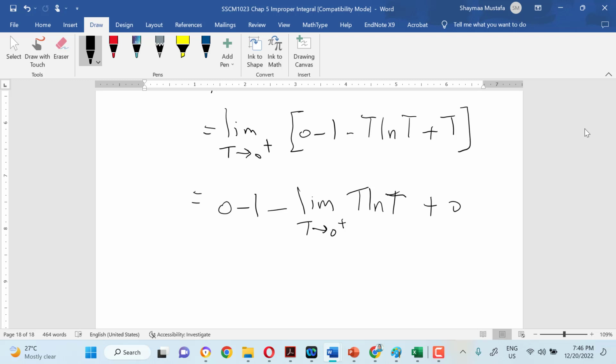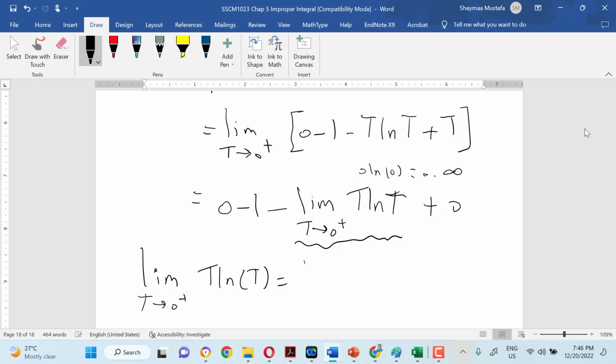So now the problem is here. When I directly substitute, it becomes 0 times logarithm 0, which means 0 multiplied by minus infinity, which is undefined. So I have to calculate this term now. It is 0 times infinity, which means you have to apply L'Hopital's rule. When t goes to 0, t ln t is equal to the limit when t goes to 0 of logarithm t over 1 over t.